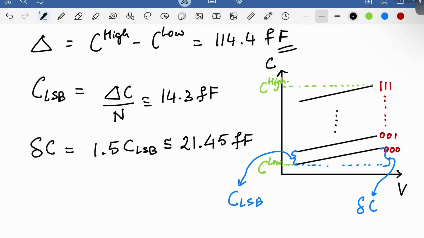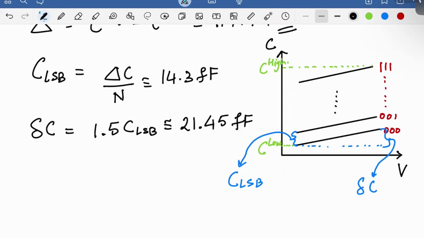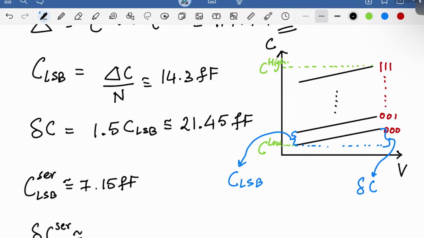All right. So of course, this is for each capacitance. If you put them in series, as we'll see that they are in fact in series, then the CLSB series is half of this, so that's approximately 7.15 femtofarad. And delta C series is approximately 10.725 femtofarad.